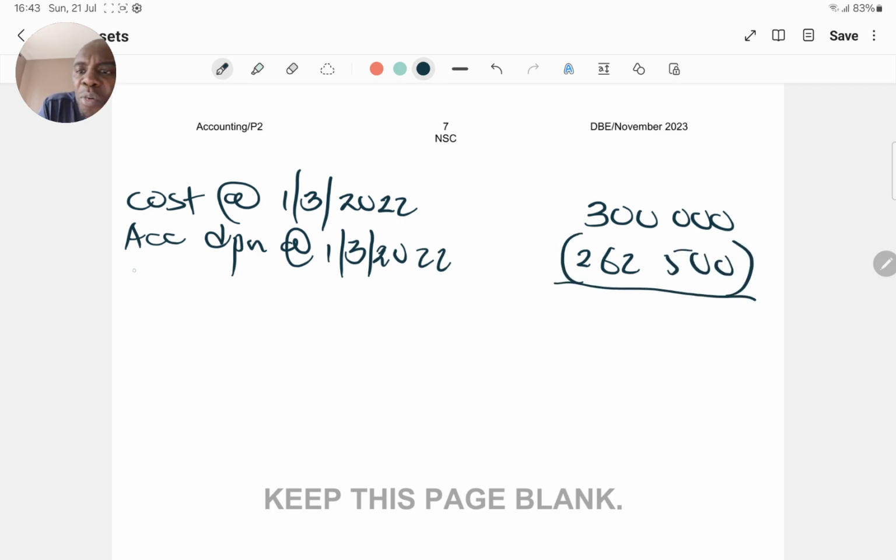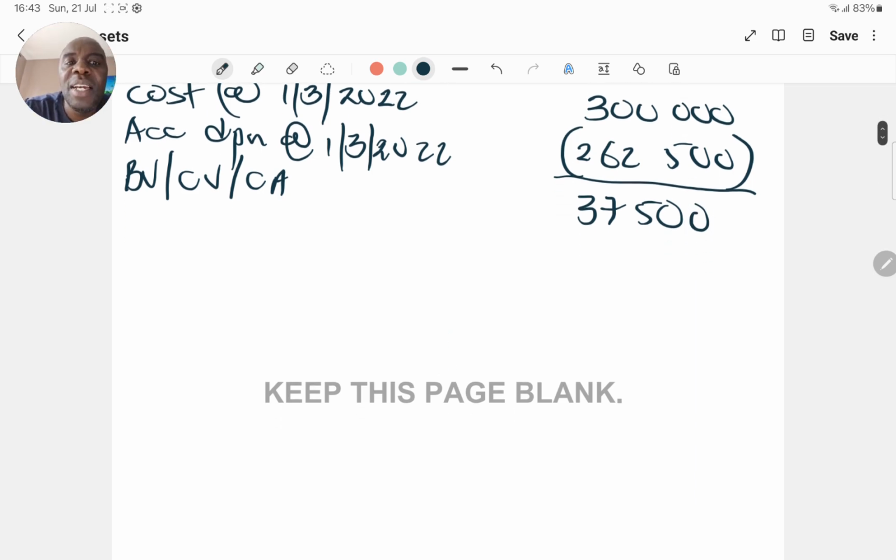So what is my book value, or carrying amount, at the beginning of the year? 300,000 minus 262,500 gives me 37,500. What does this figure mean? We bought these computers some time ago for a historical cost of 300,000.